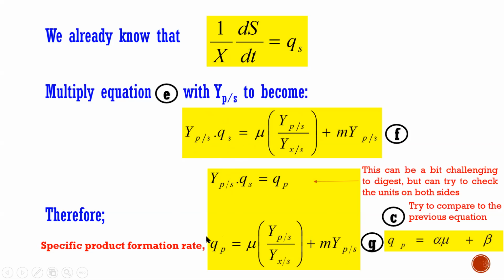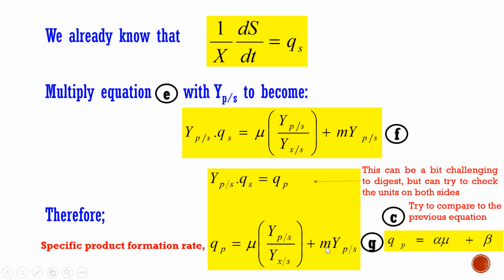Why we are working so hard to get this form of equation is because we want to draw a comparison with equation C. Equation C is also a function of QP. QP is equal to alpha mu plus beta. This is the one for mixed growth, or partially growth associated.